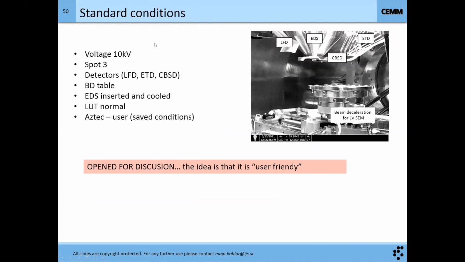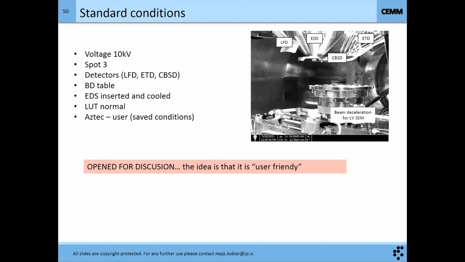Here, I wanted to put the standard conditions that we kind of agreed on. It's not necessary. We said that we will leave the voltage at 10 kV. This is not necessary, but I think it's good because a lot of users are used to having standard conditions. So voltage and spot.